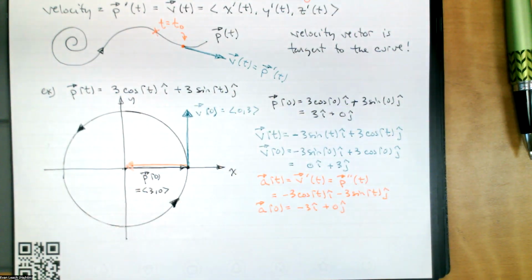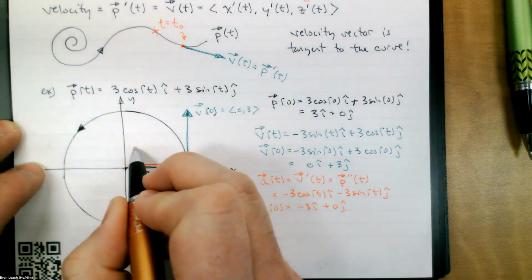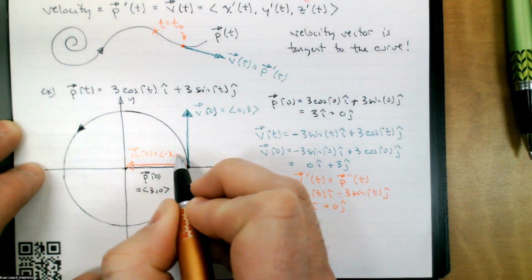So the acceleration is what's pulling the point around the circle. The velocity is going straight up. The acceleration is pulling that towards the center. So here's our acceleration at 0, negative 3, 0.